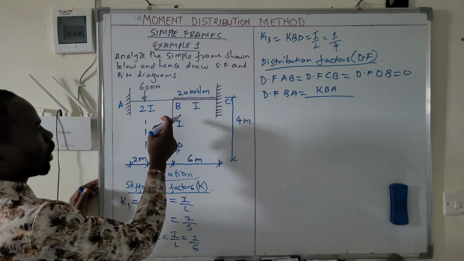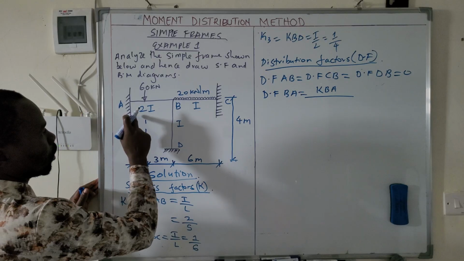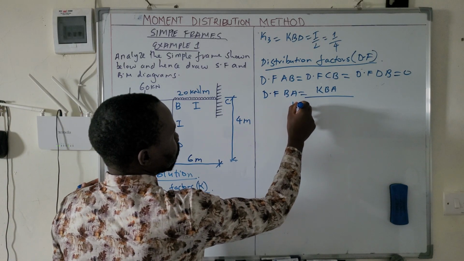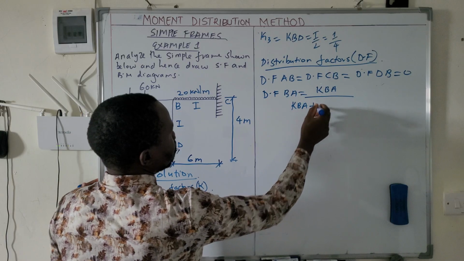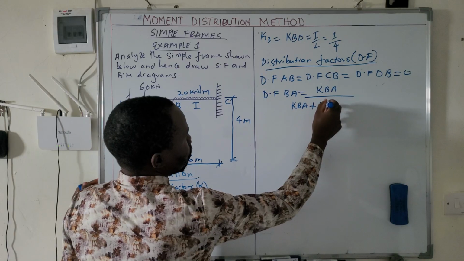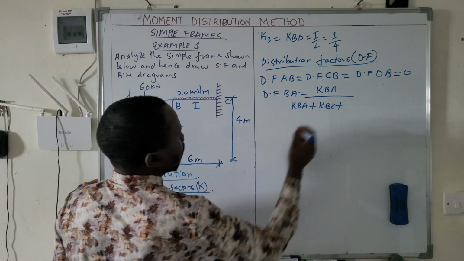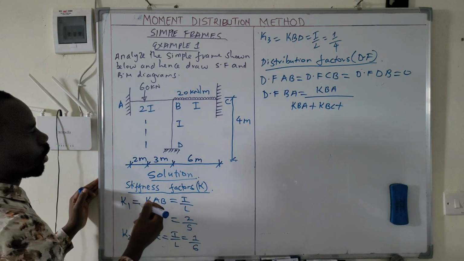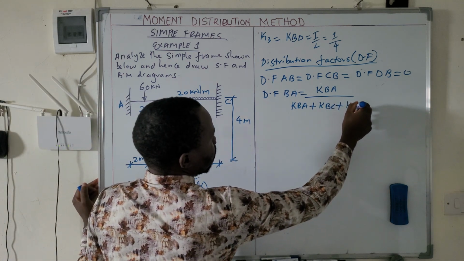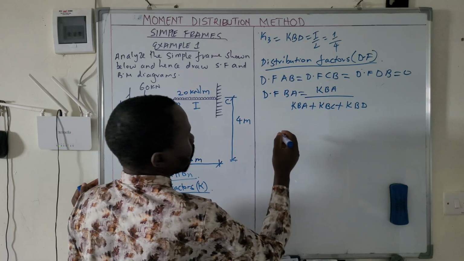So we'll have KBA over KBA again plus KBC plus KBD, like that.